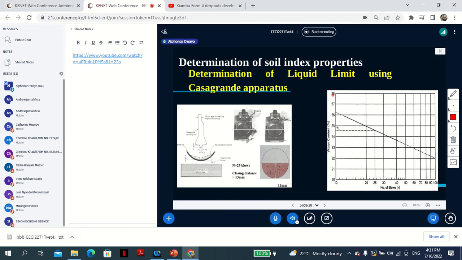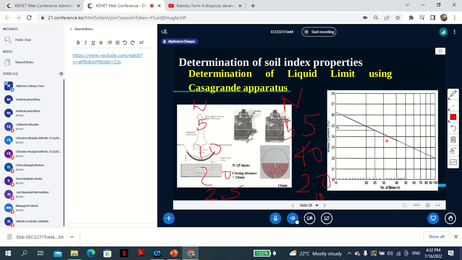So if, for example, you are doing Casagrande, let's say the water content and the number of blows are 55 blows, 40 blows, 20 blows, and so on, and maybe 35% where you only need 10 blows.